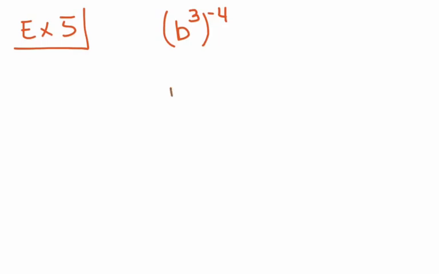So that means we have b to the third, it's supposed to be in parentheses, times negative 4. When we multiply a positive times a negative, that turns the whole thing negative, giving us b to the negative 12th power. And again, if you wanted to rewrite this with a positive exponent, this could be 1 over b to the 12th.